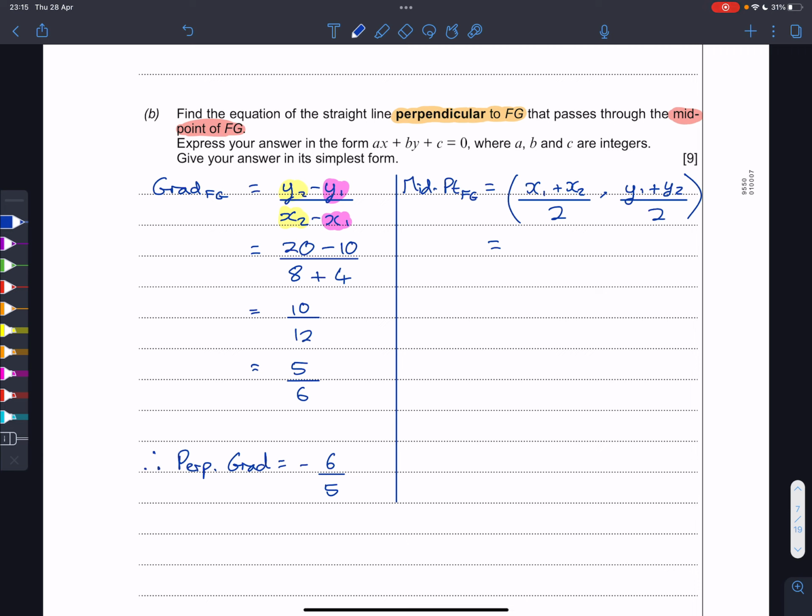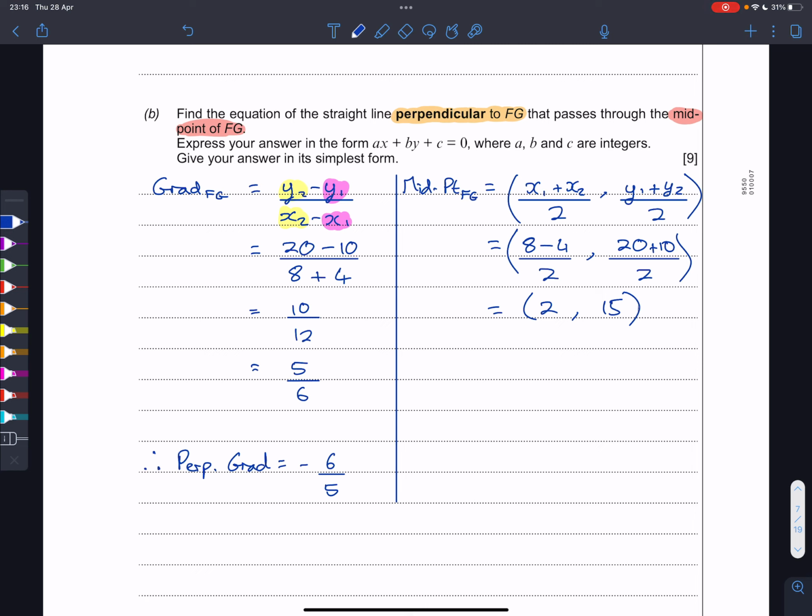So x1 plus x2 is 8 plus negative 4. So that's 8 minus 4 over 2. And y is 20 plus 10 over 2. 8 minus 4 is 4. 4 over 2 is 2. 20 plus 10 is 30. 30 divided by 2 is 15. So we got our midpoint is (2, 15).